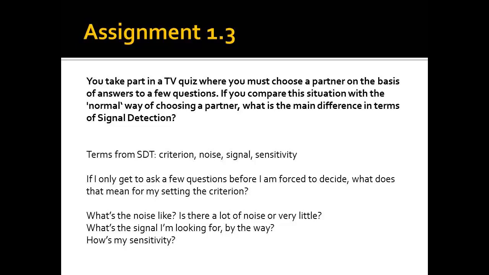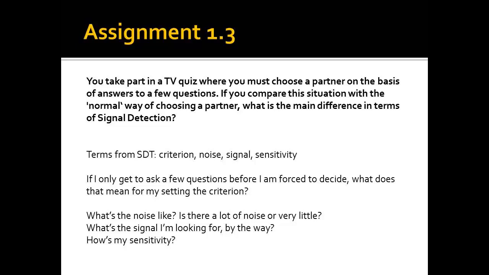So I would use my questions to ask them things that would tell me about their ability to compete on the game show. Now, their answers give me information that I then have to process, and my cognitive processes try to find the signal within their answer.